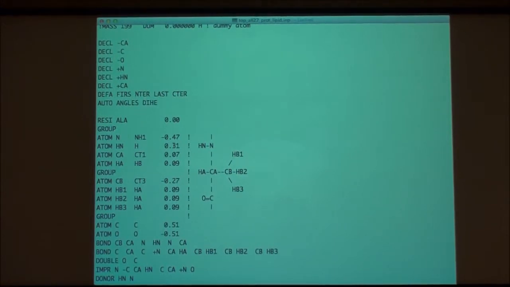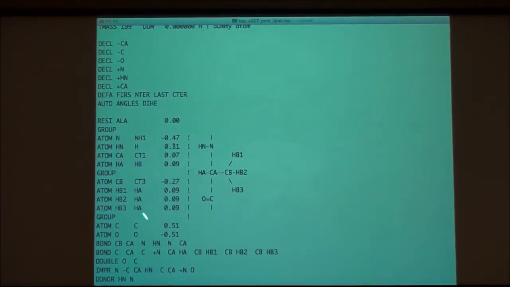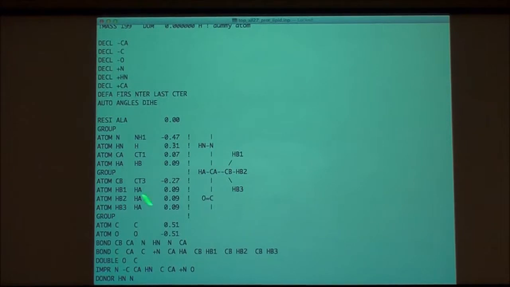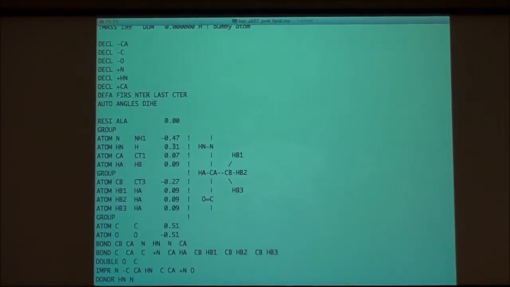That's why everything is called a residue: water is a residue, a lipid is a residue, and any ligand you have is a residue. So you have all of the information about the connectivity here. If you're using standard residues, you don't have to do anything. If you want to add your own ligand, then you have to define this ligand here. So now, instead of using an atomistic description, you can have a topology for alanine that has only two atoms.